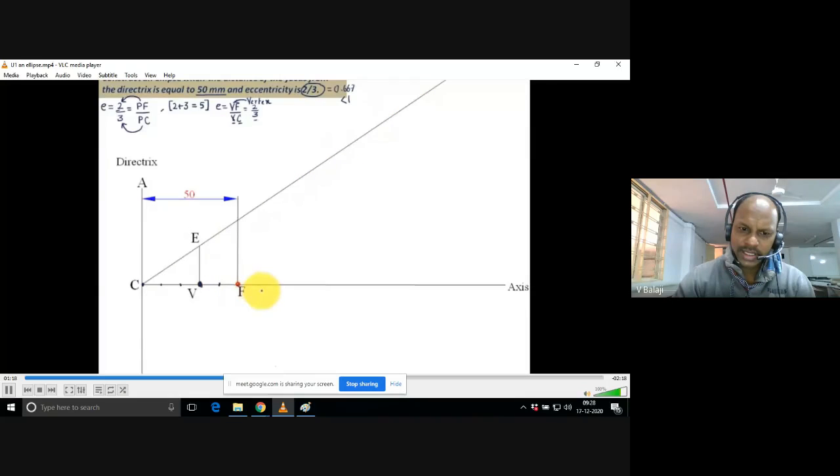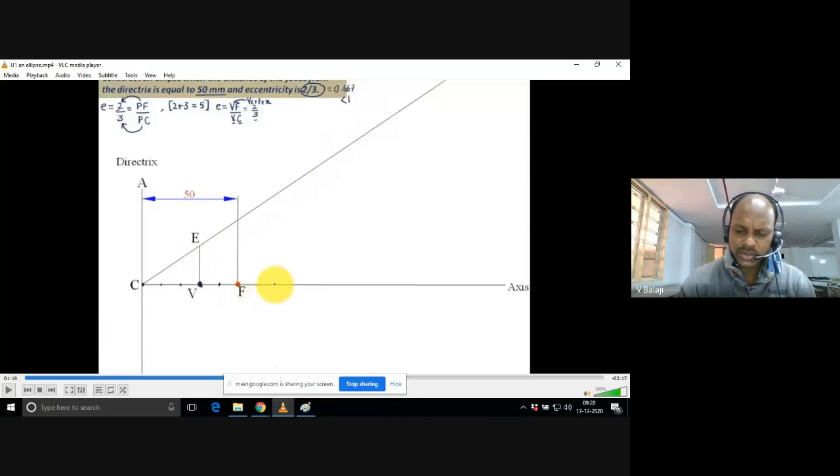The next important step is you need to mark any number of random points after the vertex point. I am elaborating the procedure step by step. After the vertex point you can choose a number of points, 1, 2, 3, which may not be at equal distances.